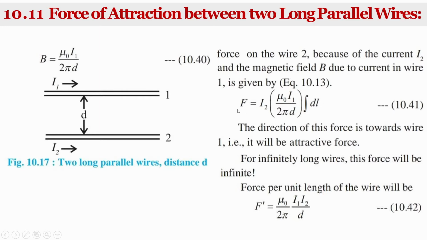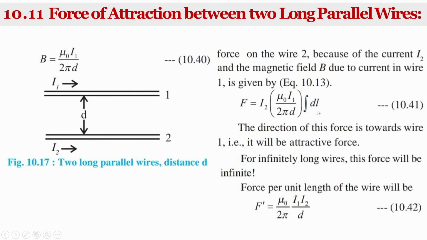We know that force is equal to I L B. So the force acting on the second wire is F equal to I2 times B, that is mu naught I1 upon 2 pi d, times the integration of dl.